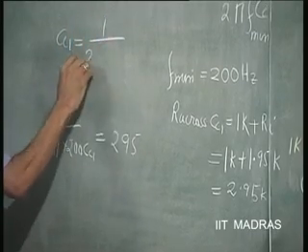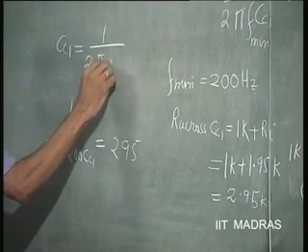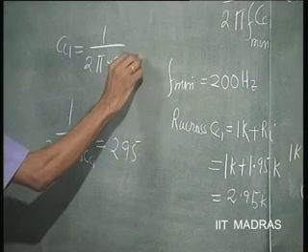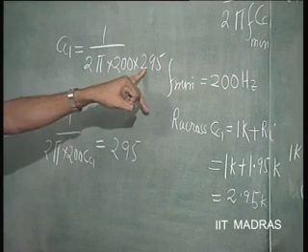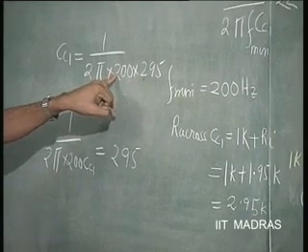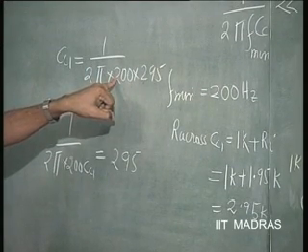So, CC1 therefore is equal to 1 over 2 pi into 200 into 295. This will be 360,000 about.